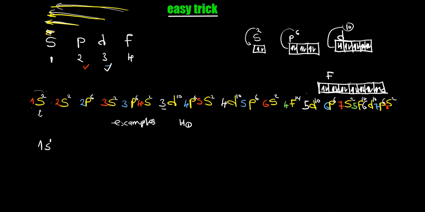Now what if I give you helium? Helium has 2. So this is for hydrogen, by the way. Helium will have the same 1s, now filled with 2 electrons because the proton number of helium is 2.